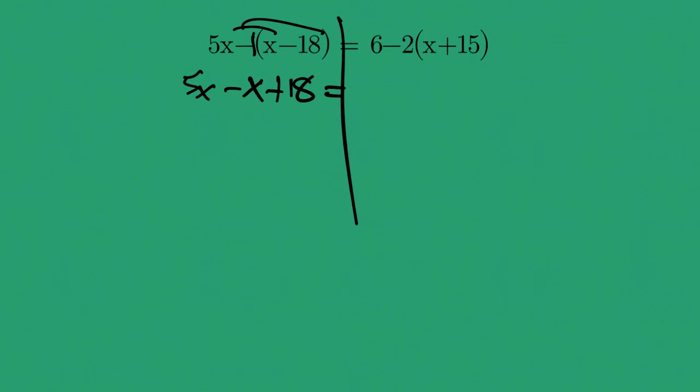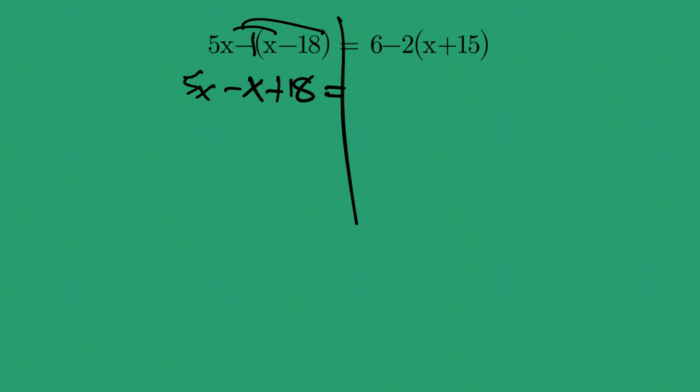Watch your signs. One little sign mistake at this juncture kind of throws the rest of the problem off. So just really check those signs. Is everybody good with that? Everybody's good with this basically having a negative 1 being distributed here? Negative 1 times x, negative 1x. Negative 1 times negative 18, positive 18.